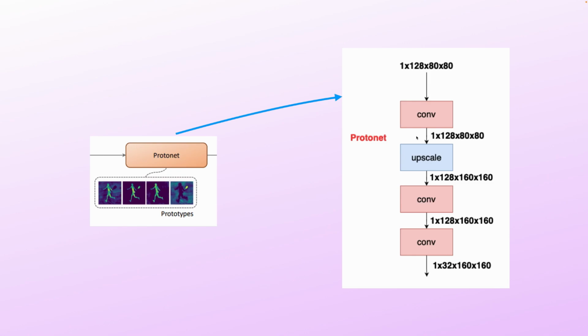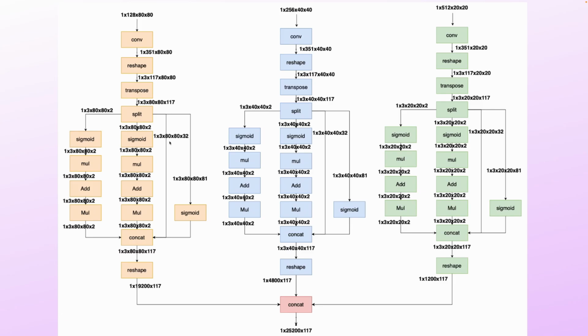Now let's have a look at the detection head, because the mask coefficients come from the detection head. So this is the detection head. It also looks exactly the same as in object detection. The only difference is that in object detection you have only 3 branches after this splitting: one for XY coordinates, one for WH, and one for the categories.